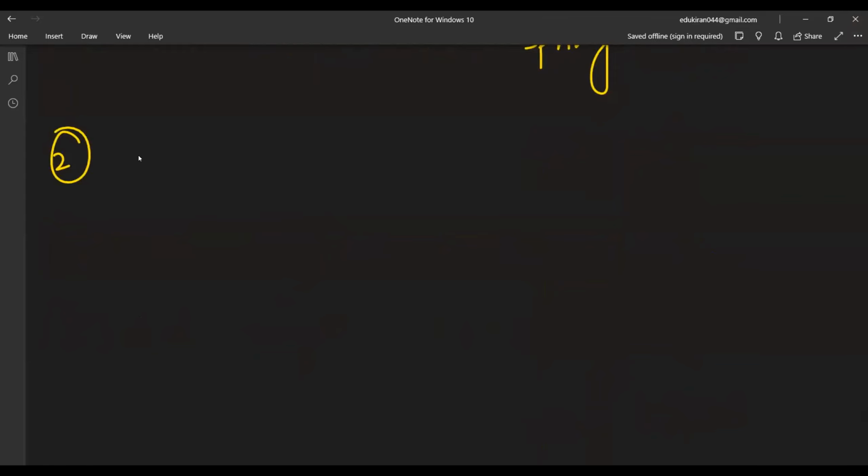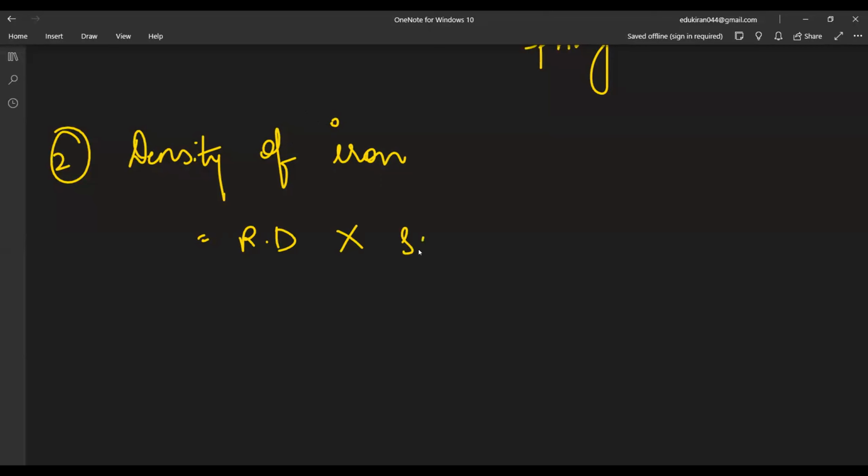For the density of iron, we have the relative density into the density of water, that is 7.8 into 10 to the power 3 kg per meter cube.